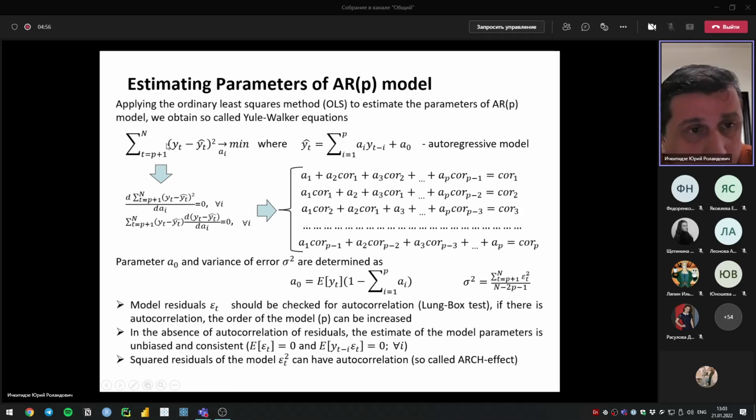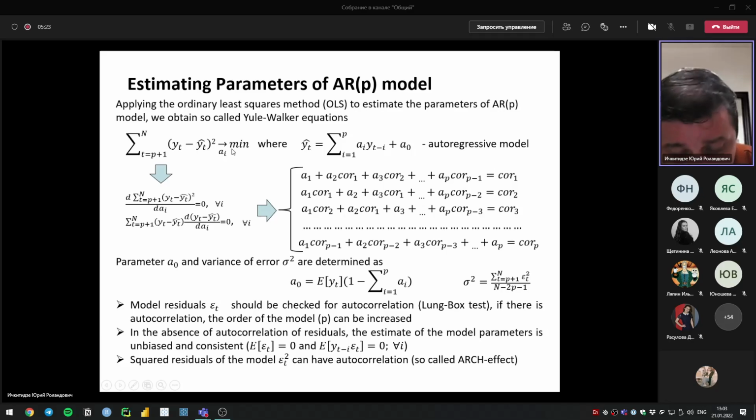And this is the original empirical observable data. We apply the standard least squares method. Here n is the total number of available observations. P is the order of the autoregressive model. Here is the equation of the autoregressive model itself.